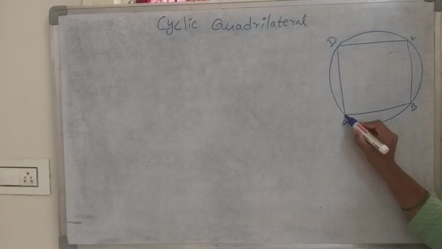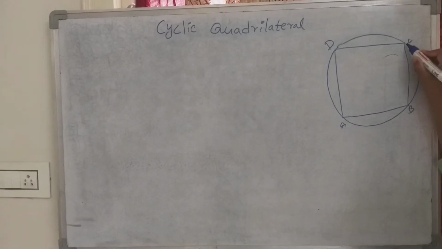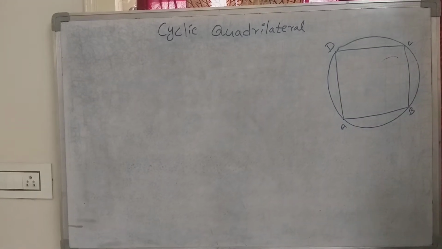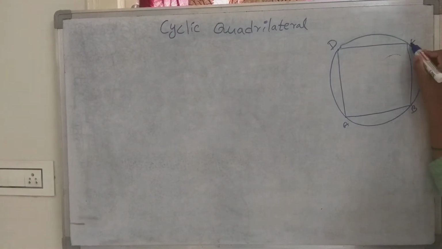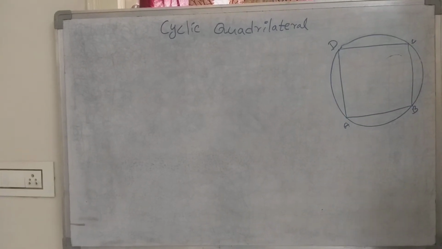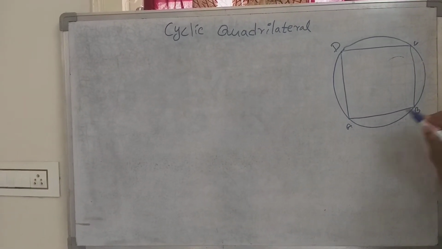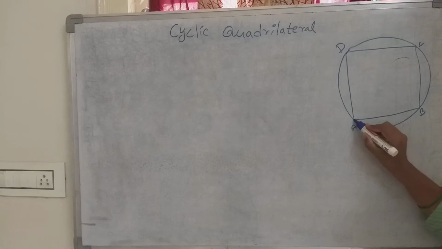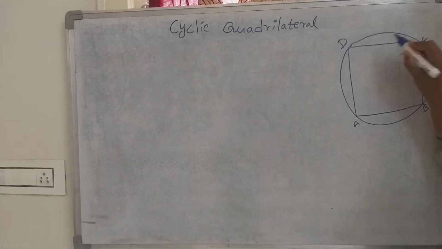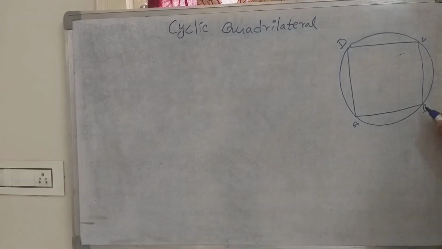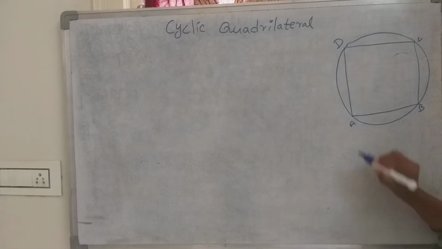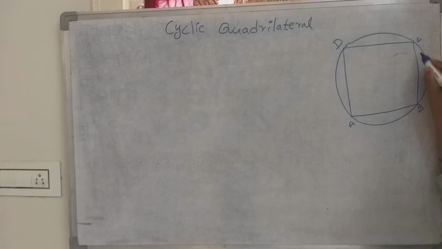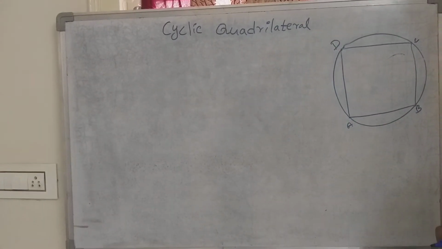So ABCD is a quadrilateral. The vertices A, B, C, D lie on the same circle. So the quadrilateral ABCD is a cyclic quadrilateral.